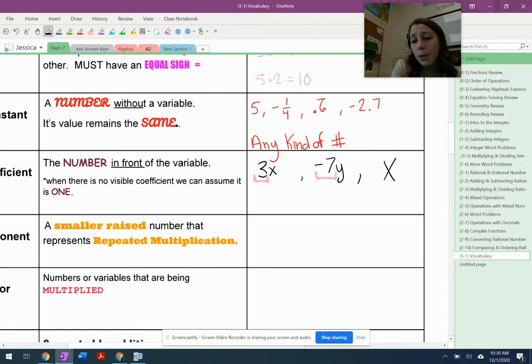So what number can I multiply x by and get the same exact thing? That would be 1. So when there is no visible coefficient, we can assume that it's 1. Just like that 1x in front of it.